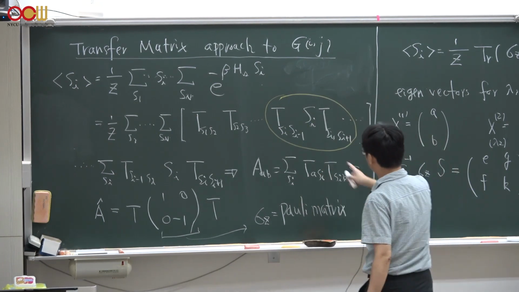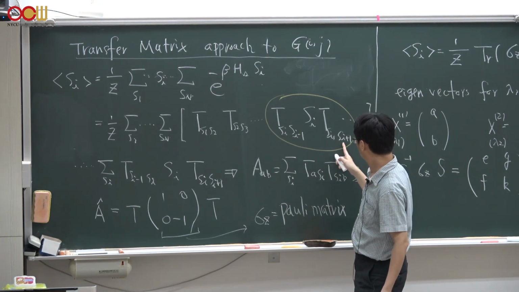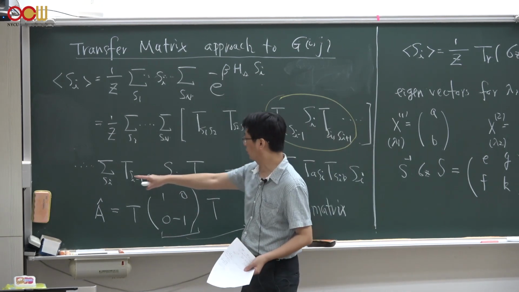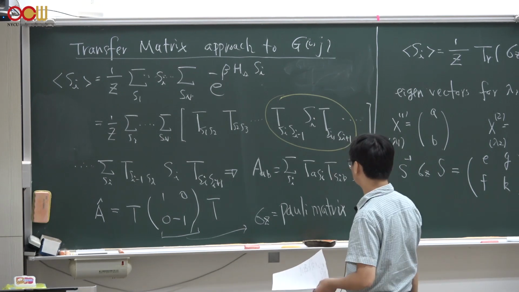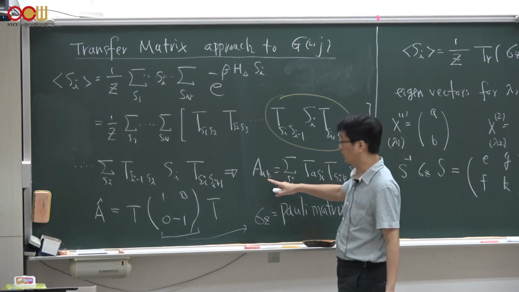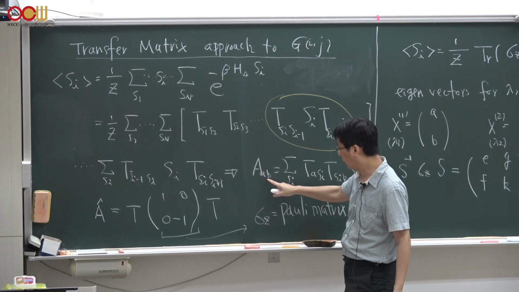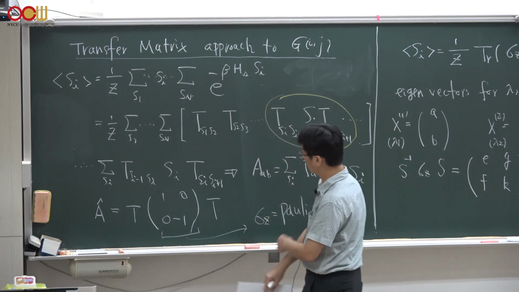S_i is sandwiched between T(S_i, S_{i-1}) and T(S_i, S_{i+1}). If you look at the matrix structure of this product concerning site S_i, you'll see that this is simply a matrix element of a matrix product, which I call matrix A, made of the product of three matrices.